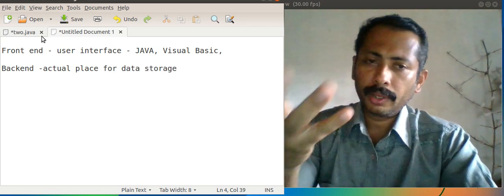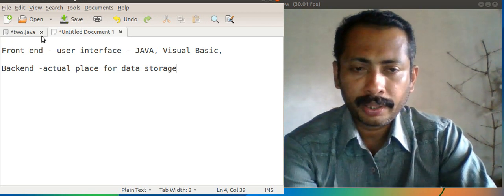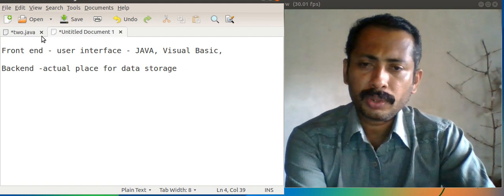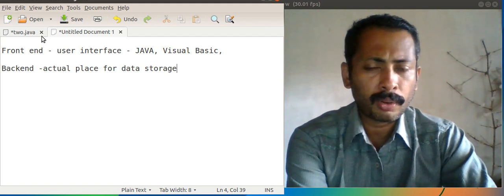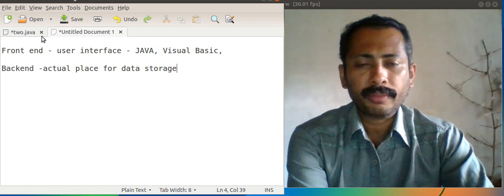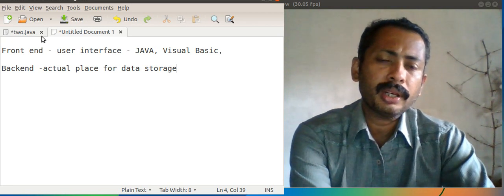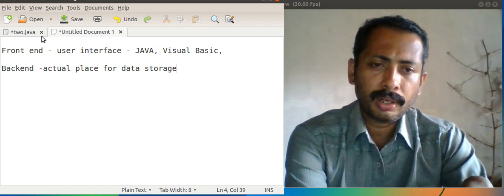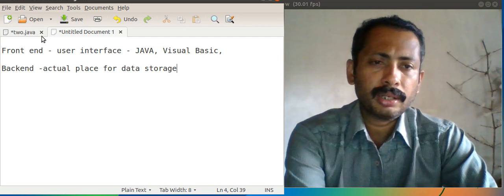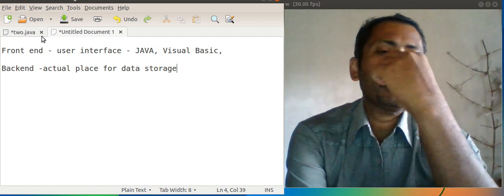It may be Access, MS SQL, etc. We know the database is stored in the hard disk, or if you are using online websites or online software, then it will be in the server. But for storing data and manipulation of data, we need a DBMS, database management system, such as Access, SQL Server, MySQL, etc.